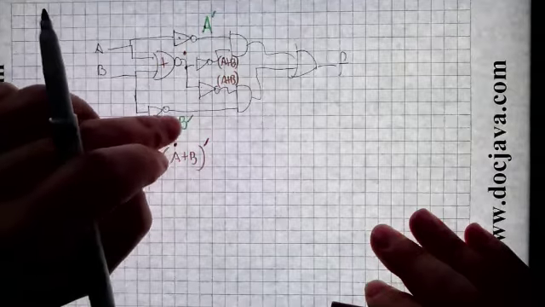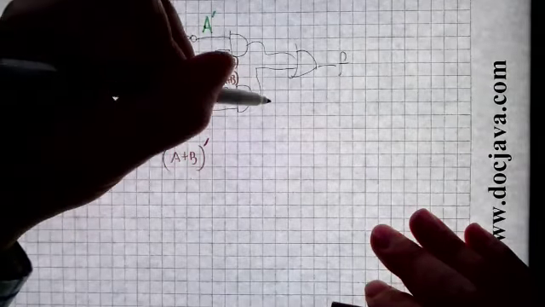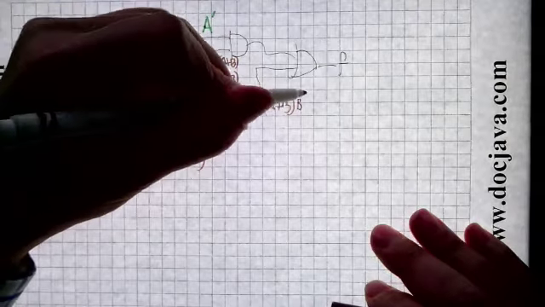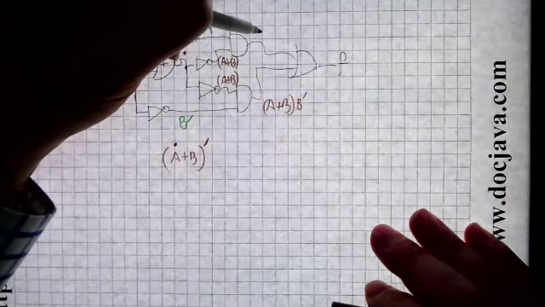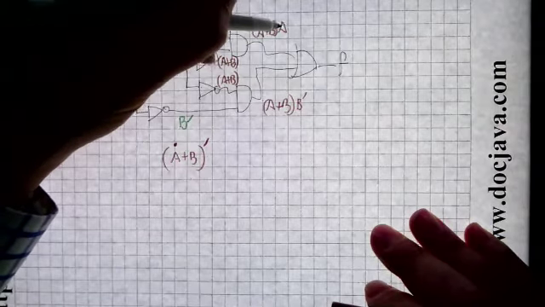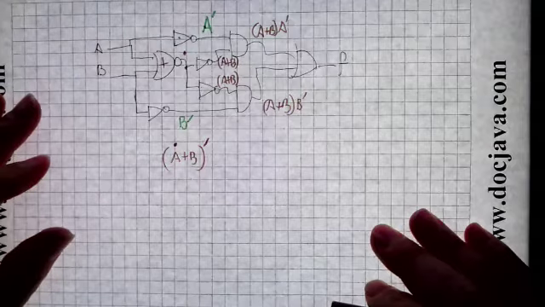And now here comes B prime. So now I have from here A or B times B prime. And over here I have A or B times A prime. Everybody following me so far? Anybody got lost?